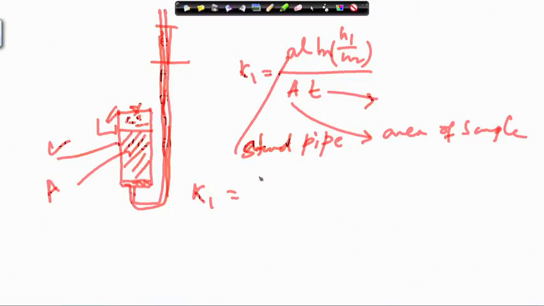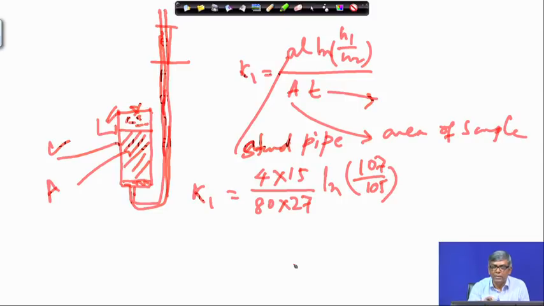So, if I put that, the cross sectional area of standpipe is 4, length is given 15, and area of cross section of sample is given 80, and time is 27 minute, and ln 107 by 105. So, that means I have 2 times interval given and 2 different heads given.